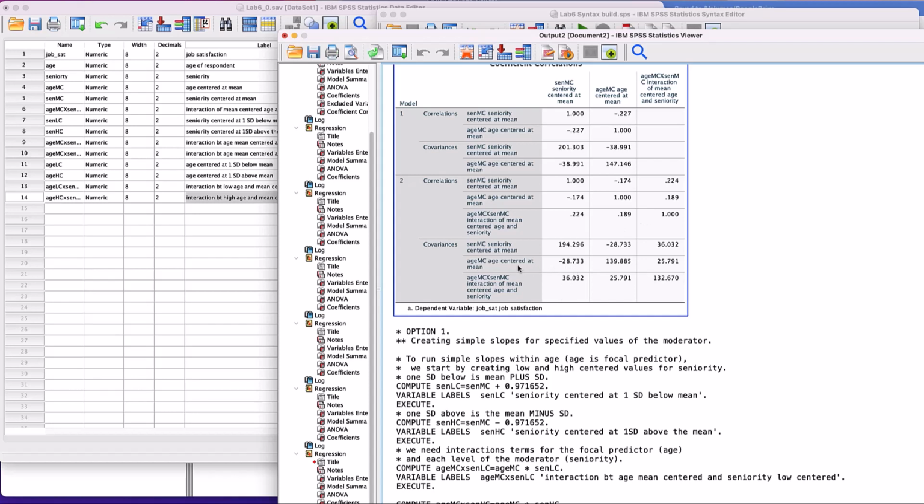So the covariation between age and seniority is right there, -28,733. And remember, age was our first predictor, so it's B sub 1. Seniority was our second predictor, so it's B sub 2. And then B sub 3 is our interaction term, right? So there is information for filling in.